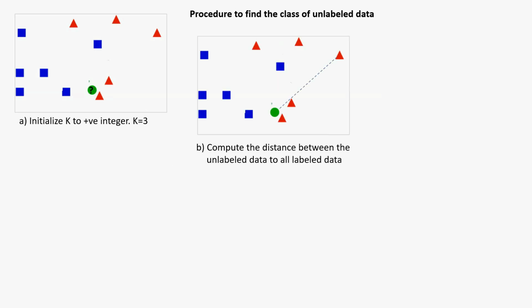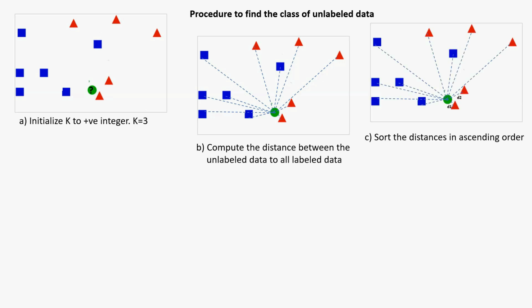In step 2, we have to compute the distance between the unlabeled data and all the labeled data. Distance computation is nothing but calculating the Euclidean distance between the labeled data point and the unlabeled data point. Once it is done, the third step is to sort all these distances in ascending order.